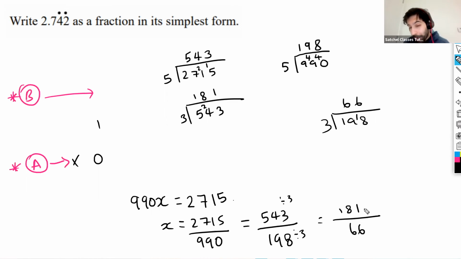If I can't divide by 2 and 3, I can't divide by 6. I can't divide either of them by 7. I can't divide either of them by 8. So really, this is our simplest fraction. Therefore, 2.742 recurrent is equal to 181 over 66.